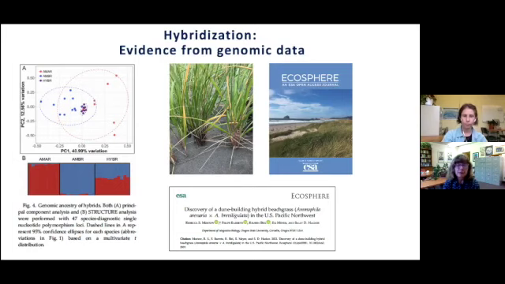And that graph there on the left shows that, yes, indeed, they do share chromosomes from both. The hybrid does share chromosomes from both species, and it is, in fact, a true hybrid of the two parent species. Next slide.